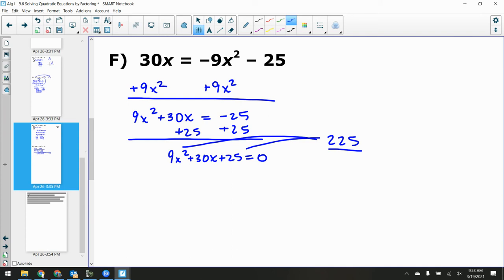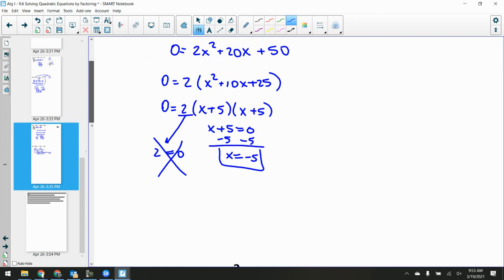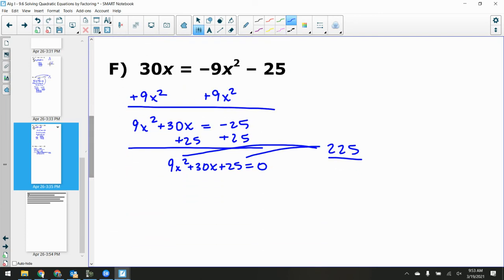Why did you add the 2 there? Why did I add a 2? Why didn't you add the 2 for this one? I did. Yeah, look up here. All right, let's jump back. Sidetrack there. Anybody find him yet?